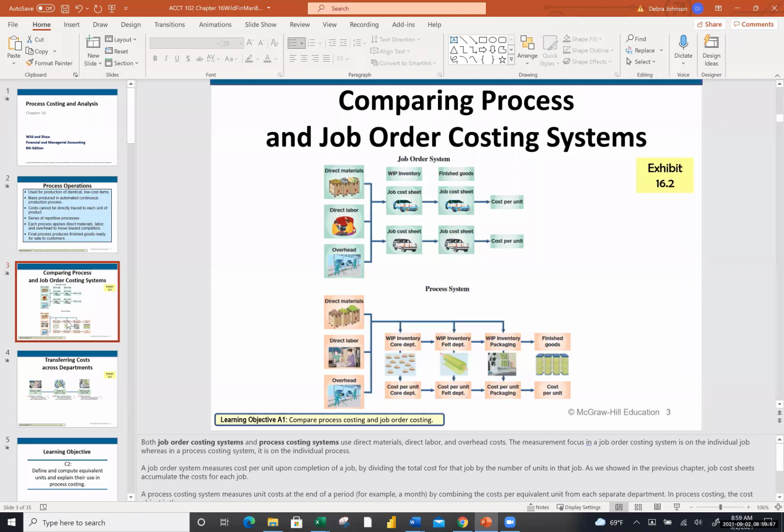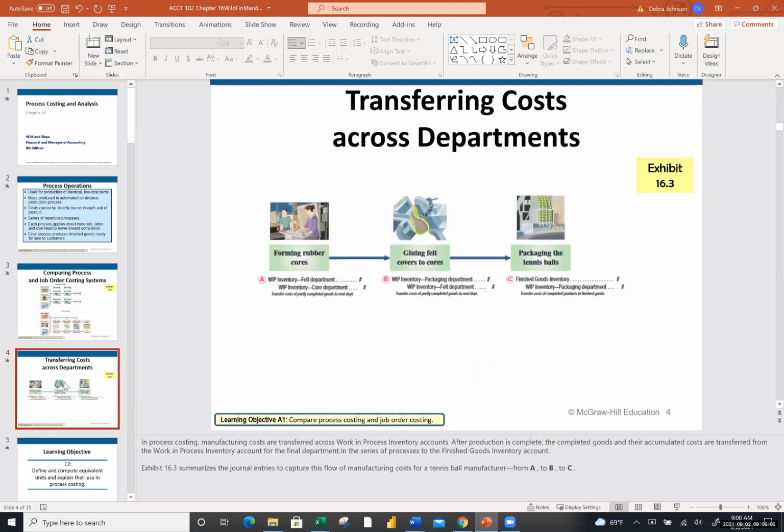And in the book, they show you the layout of these different WIP accounts. So I just wanted to show you that. Actually, I had no idea this slide was in here when I ran across it. We were talking about balls, and so does your book. Your book talks about tennis balls forming a rubber core and then eventually getting bigger and bigger.